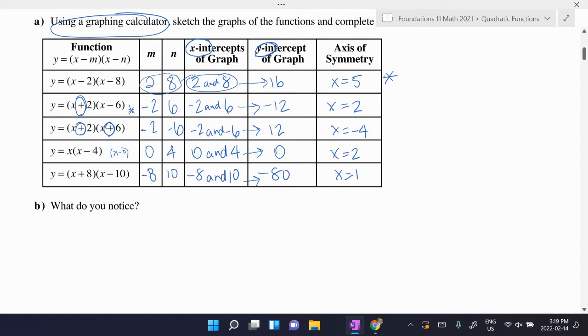Something else you hopefully notice is that this axis of symmetry is right in between these 2 points. So on the graph, if it looks like this, say, this is 2, this is 8. The point right in the middle of that is 5. So the same thing with this, negative 2 and 6.